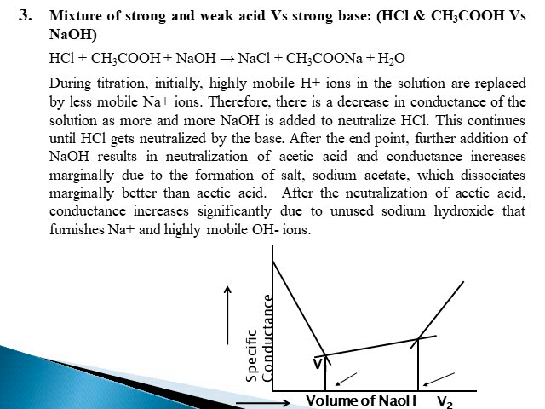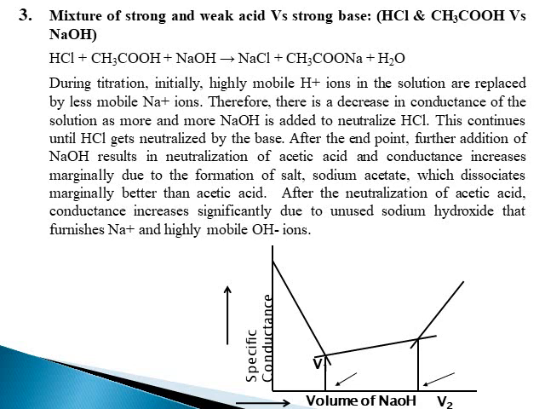So when you look into the reaction, HCl plus acetic acid, when you titrate with the standard solution of sodium hydroxide, that is 0.5 cc from the burette, you will get sodium chloride plus sodium acetate plus water. Now during this titration, when you look into the changes in the specific conductance versus the volume of NaOH, you will get three straight lines.